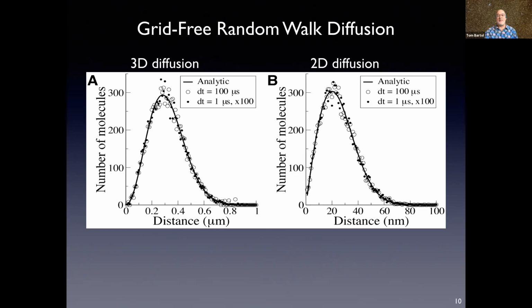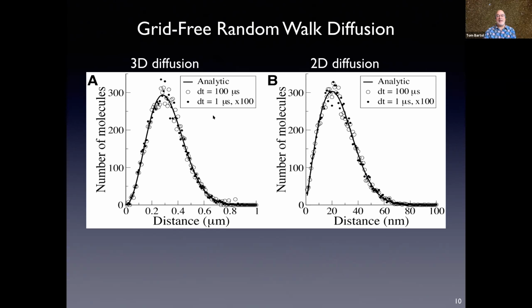Instead, it is random walking at the granularity of double precision floating point numbers. So there is a grid, but it is the grid of double precision floating point numbers, as fine as we can reasonably and efficiently do in the computer.